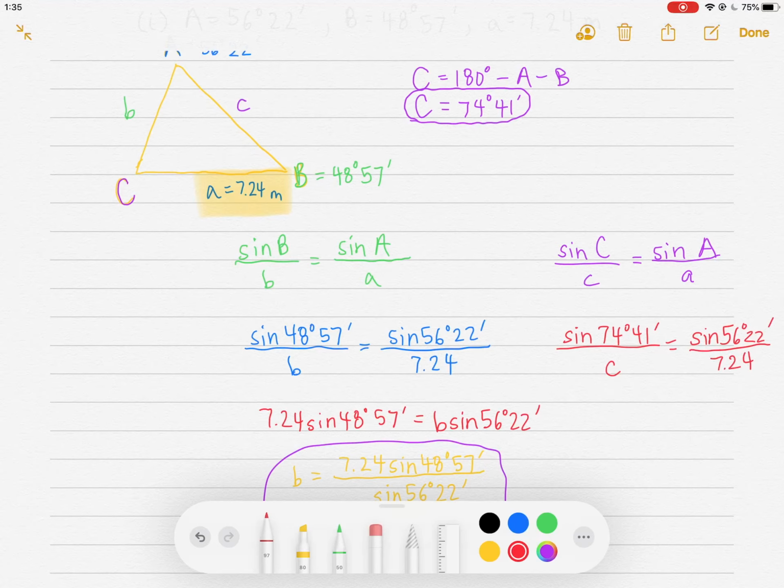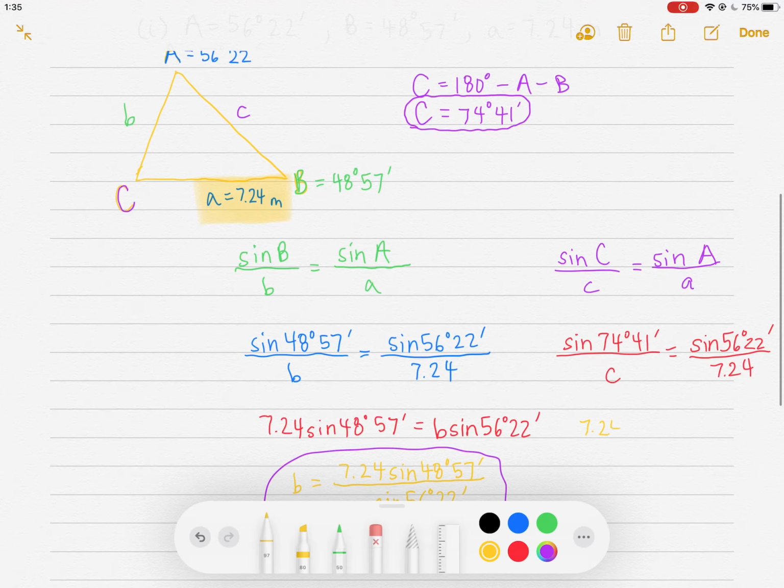Cross multiply to get 7.24 sine of 74 degrees, 41 minutes is equal to c times sine of 56 degrees, 22 minutes.